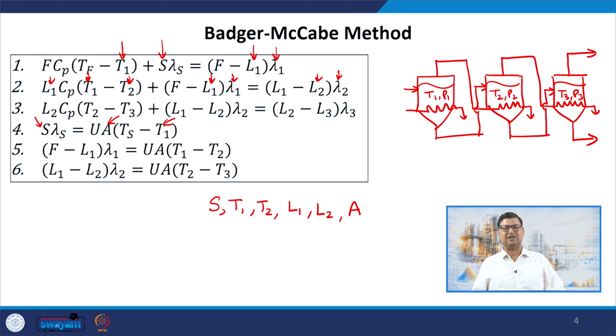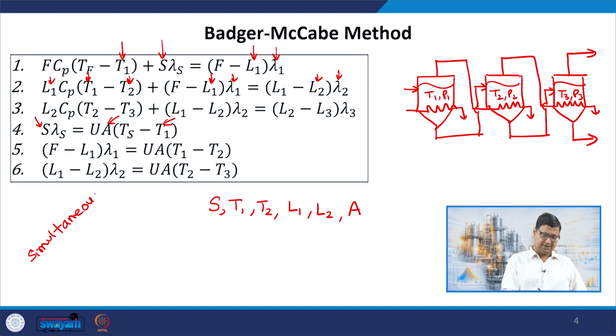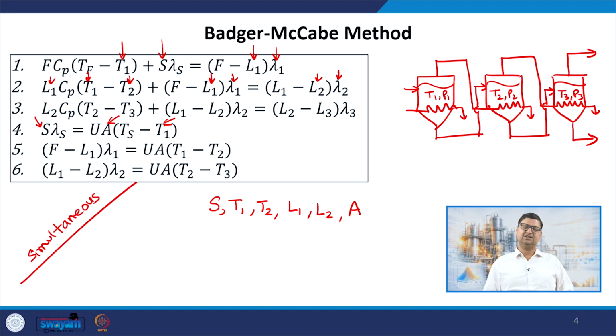For the single effect evaporator case, I have shown an example where we can solve the equations one by one and get the solution. In this case, that is not a possibility. We need to solve these equations simultaneously. And I again emphasize that these equations are not linear in general. These are non-linear equations.